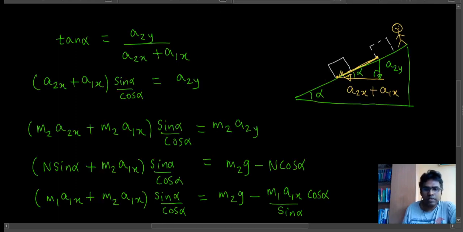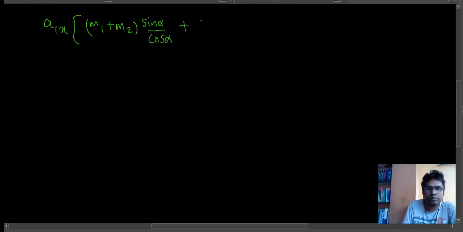Now from the right hand side, when I pull this second term to the left hand side, I will have plus m1 into cos alpha upon sine alpha, and this is equal to m2g.